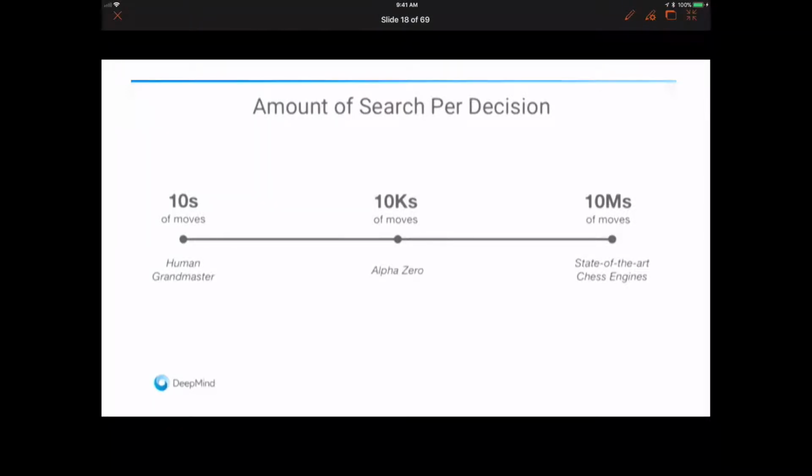So this is the number of searches that are required in a typical chess engine, namely 10 million moves, whereas AlphaZero only searches to the depth of 10,000 moves using its algorithm in the distributed neural network.